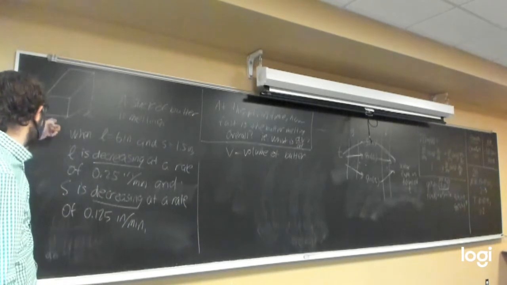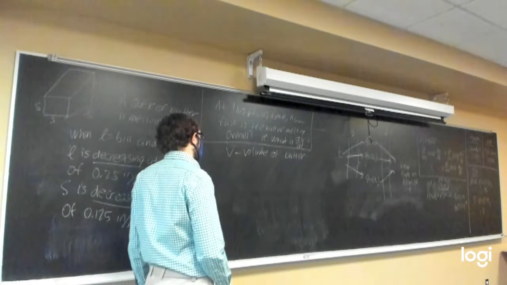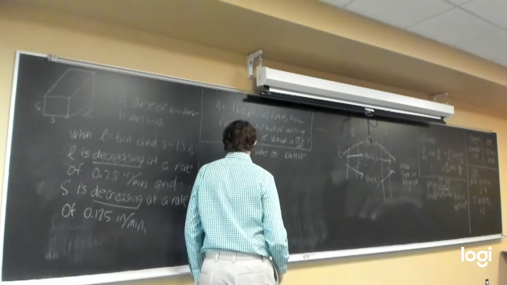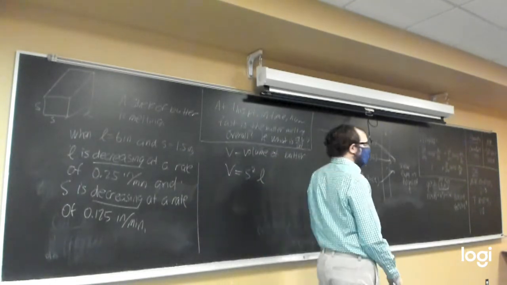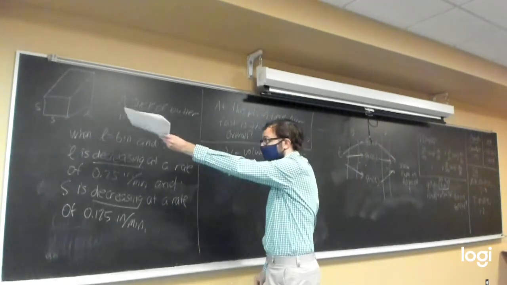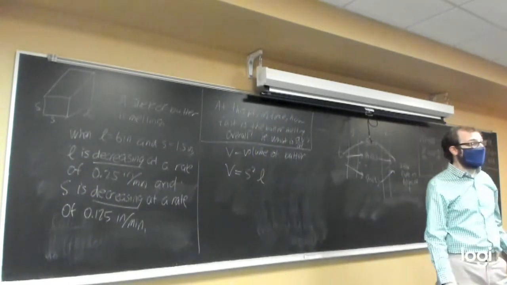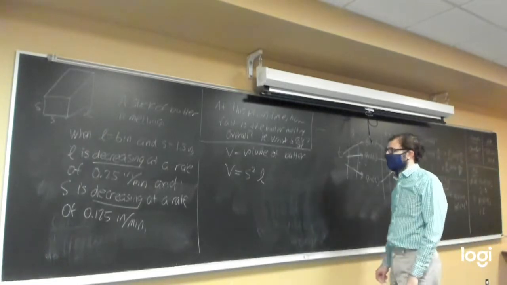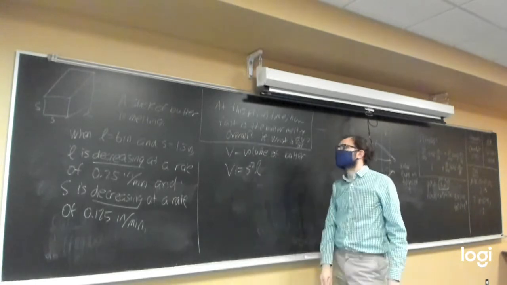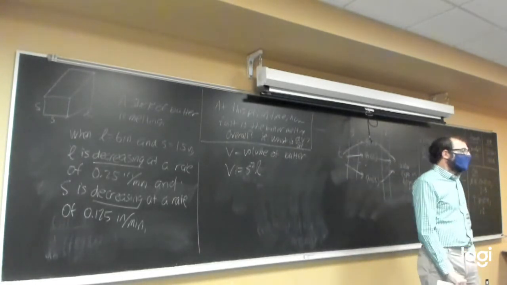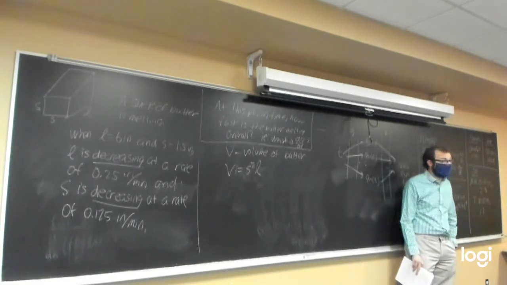In this case, height and width are going to be the same, they're going to be S, and the length is going to be L. So I think we can use that formula: the volume is equal to S squared times L. The cross-sectional side S squared gives us width times height, and then multiplied by L, the length of this rectangular thing. Cool. So we know what the volume is in terms of side length S and L.